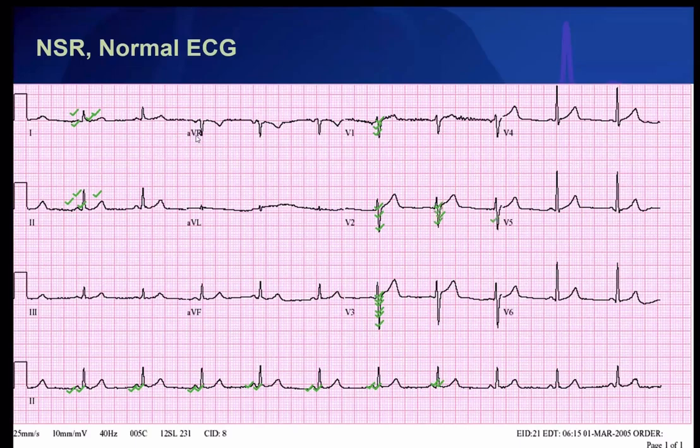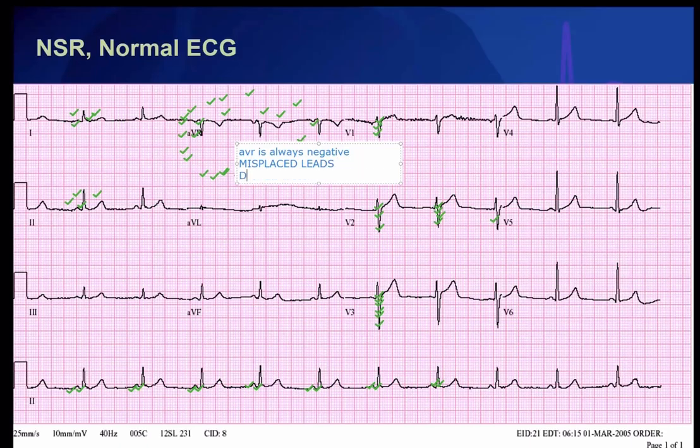Otherwise, anything in AVR is negative. Usually AVR is negative. AVR is always negative, and there are only two conditions in which AVR will be positive. One of them is misplaced leads, and the other one is dextrocardia.